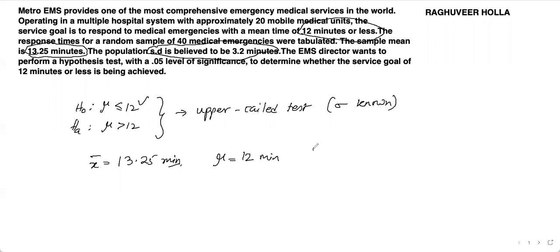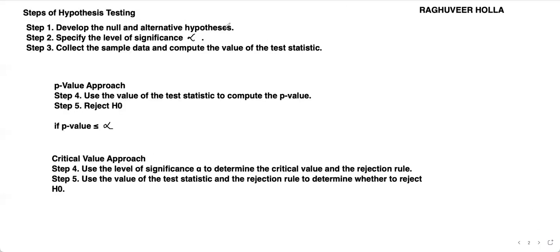So SD or sigma is 3.2 minutes. And you have 40 such medical emergencies. So N is 40. So if you look at this, we have developed the null and alternate hypothesis.